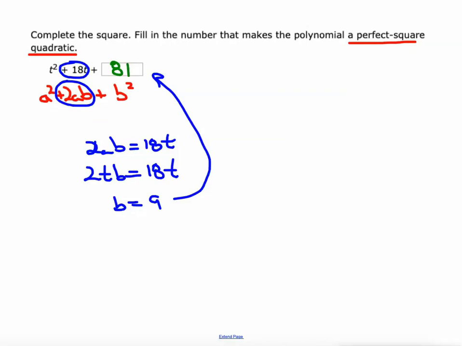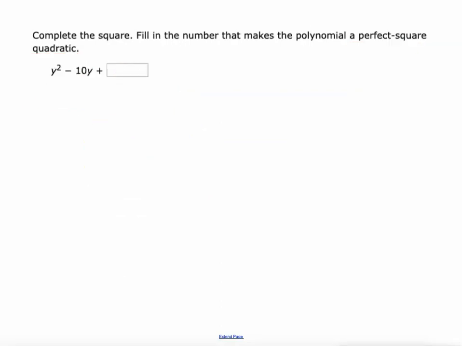There's definitely a shortcut here. Basically, it's always 2ab, so we're always going to divide this b value by 2. So we're just going to take negative 10 divided by 2. And then since this is b squared, we're going to take this and square it.